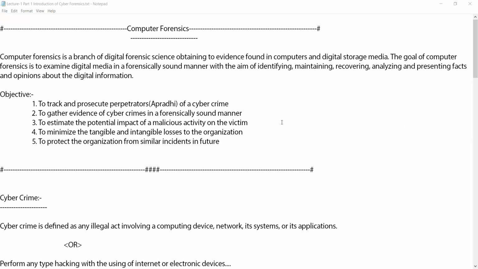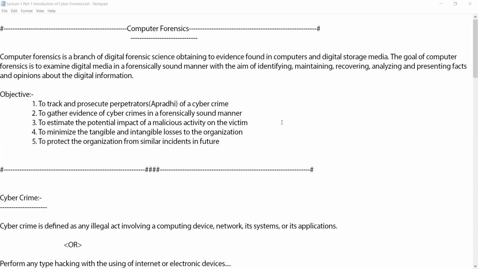The fifth objective is to protect the organization from similar incidents in future. If any crime has been done by a cyber criminal over the organization, you know very well that in future the cyber criminal may again try to crash the server.